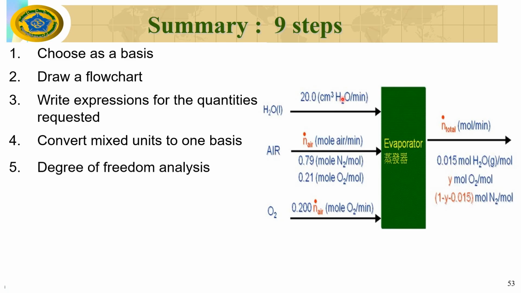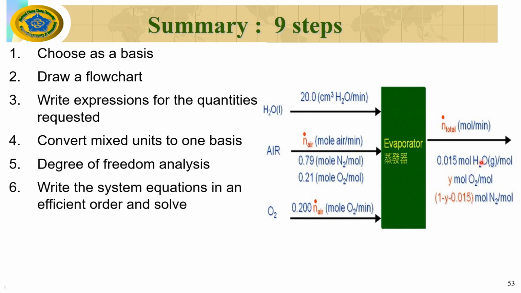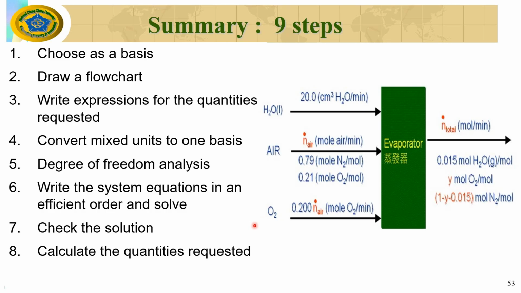Okay, number 5, degree of freedom analysis, in order to find out whether the unknowns can be solved or not. Number 6, write the system of equations in an efficient order and solve. Number 7, check the solution. Number 8, calculate the quantity requested.